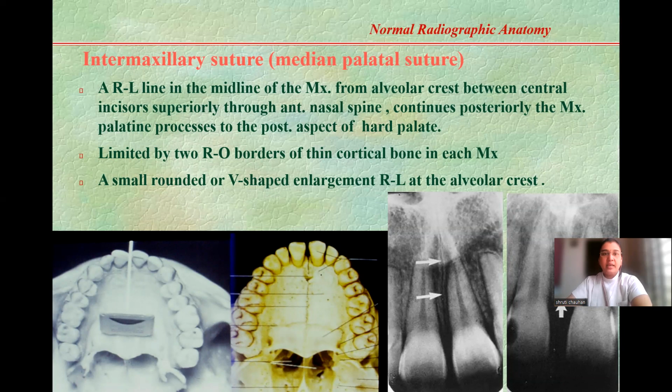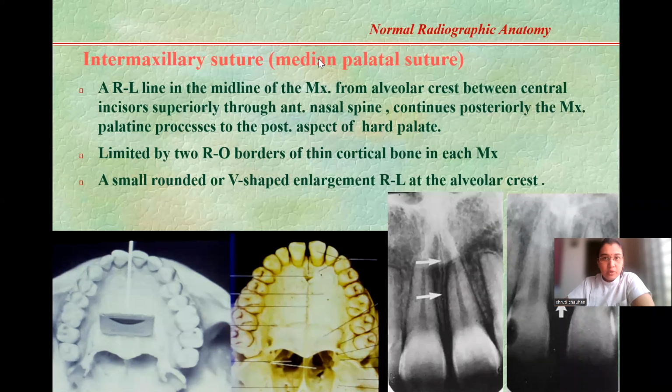So we are saying that it is a line running from here till the anterior nasal spine, and when you're talking posteriorly, it will go till the hard palate. Clear? Now, this is limited by two radiopaque borders of thin cortical bone in each maxilla.